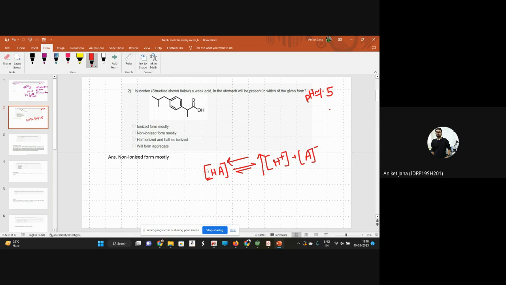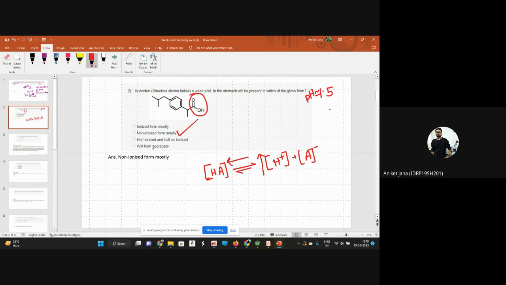HA will as a whole become the non-ionized one, as it is a very weak acid, and that is why the ionization of this ibuprofen, that is of this carboxyl group, will be very less. The compound will mostly remain in the non-ionized form.